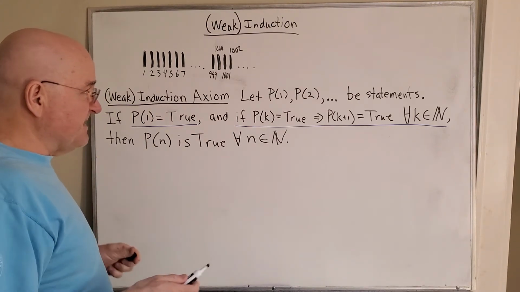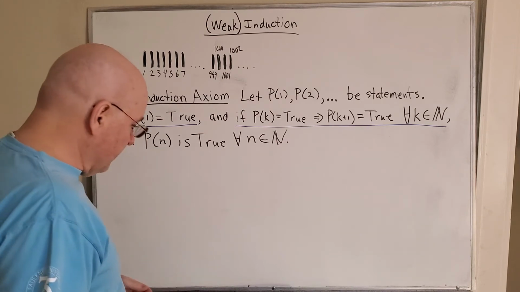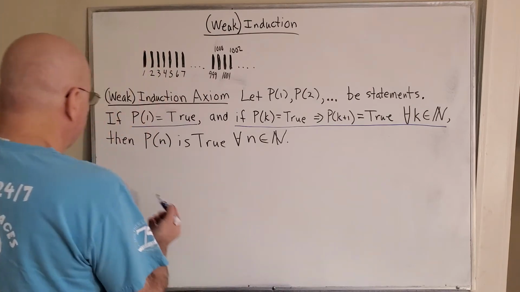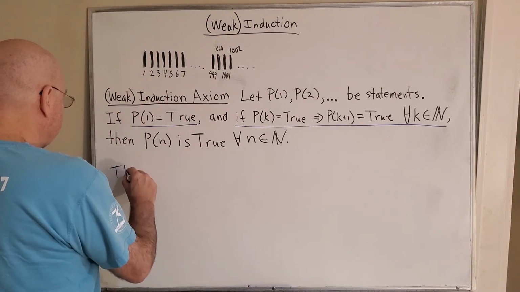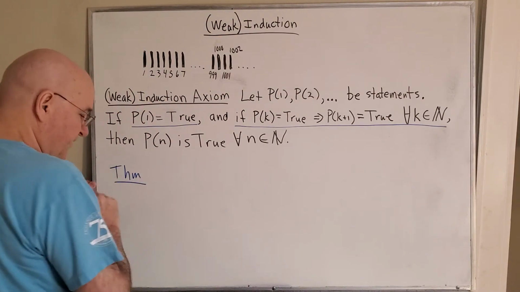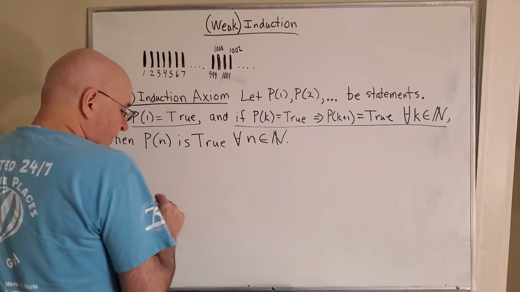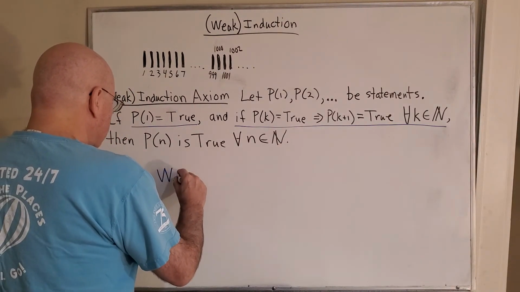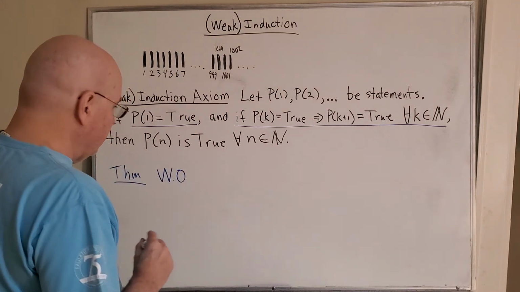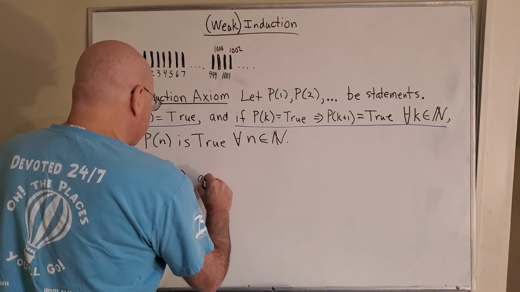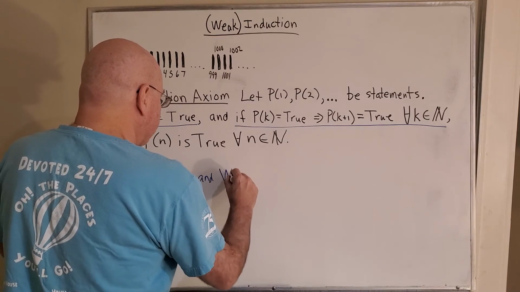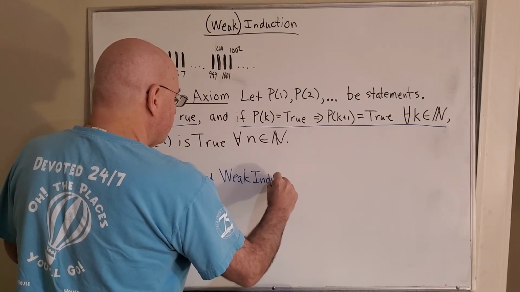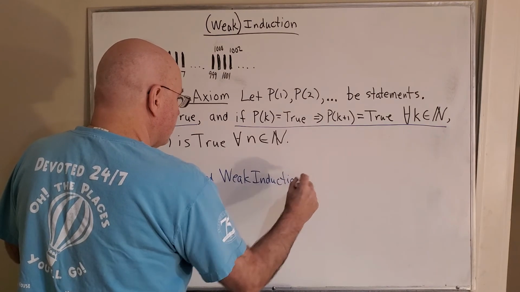Before we get to examples, which will be in the next video, I'm just going to make one more statement. We're not going to prove this, but theorem: the well-ordering principle, which I call WO, and weak induction, which we just defined, are equivalent.